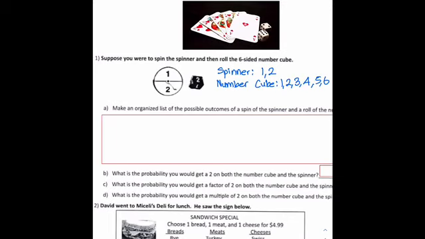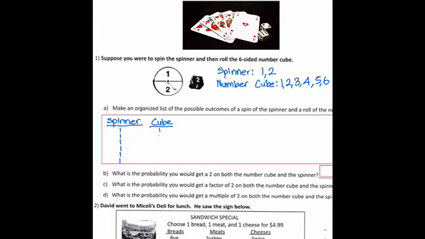Now let's list them together. Once for the spinner's outcome number 1, and the second one would be the spinner's outcome number 2. So it'd be 1, 6 times: 1, 2, 3, 4, 5, 6.